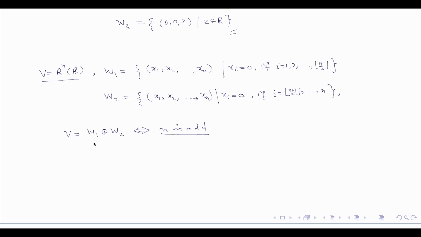V can be written as the direct sum of W1 and W2 if and only if the dimension is this; we will discuss dimension later in the next video, what is the dimension of a vector space. So this will be true only if n is odd. This is an exercise for you to verify.